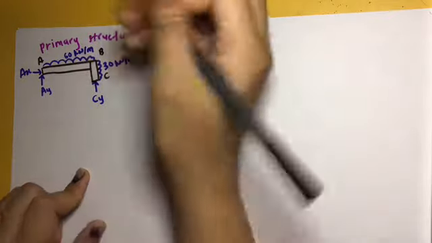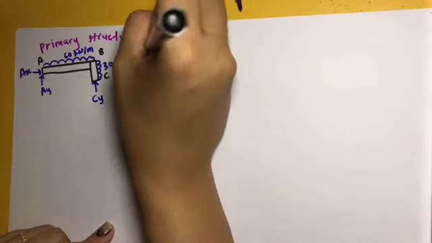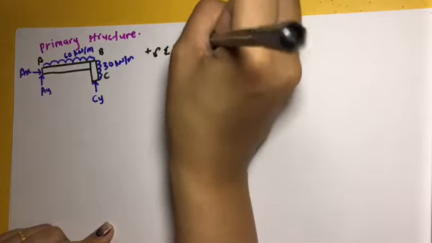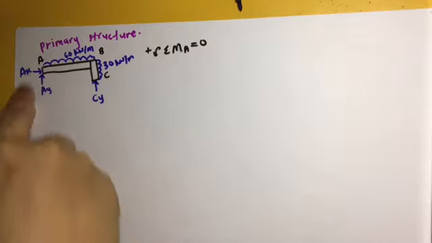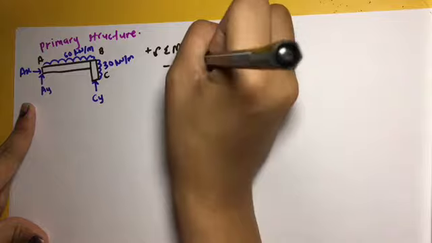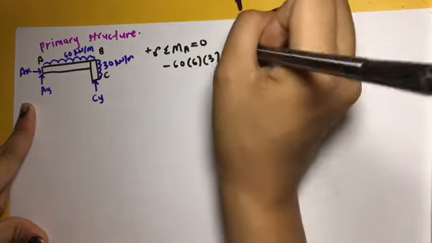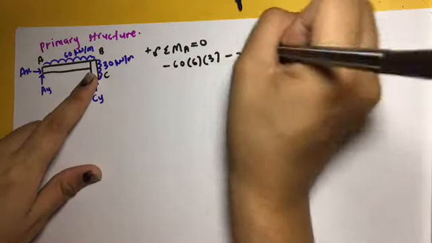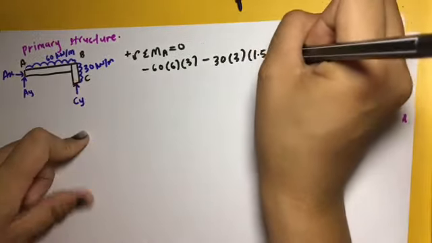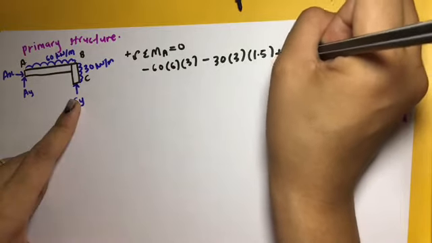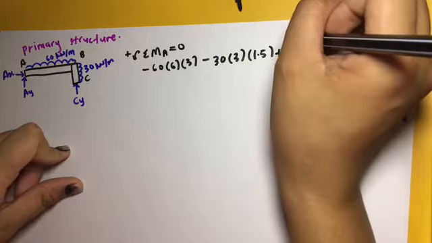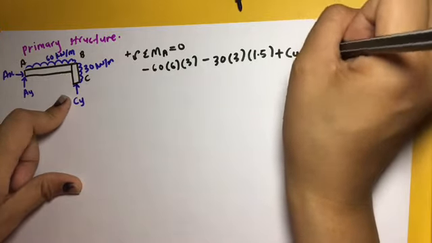Alright? So we are going to find it by using the moment, total moment from the point A. So we got 60 and 3. We got this one 1.5 plus CY and 6.